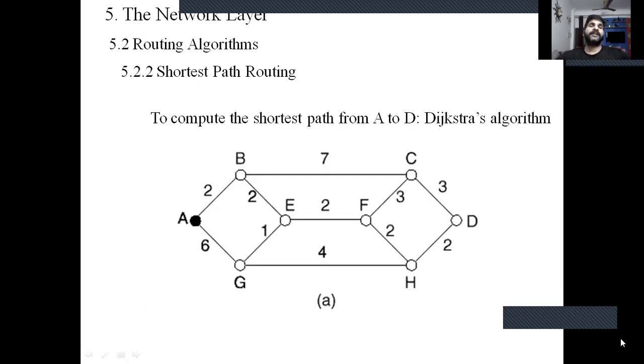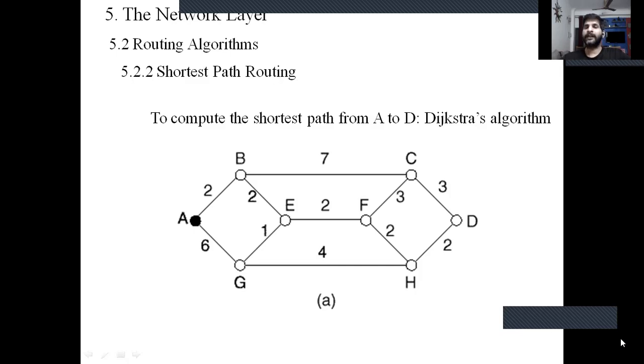The first routing algorithm is the static routing algorithm, explained like the shortest path from A to D. This routing algorithm is also known as Dijkstra's algorithm, which is discussed in the algorithm course in the 5th semester. Now here it is described. If we want to travel from A to D, suppose several routers exist in the graph.